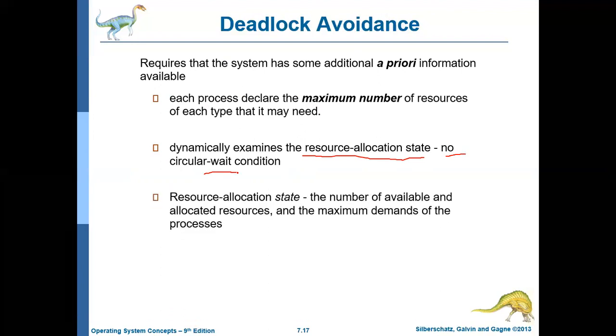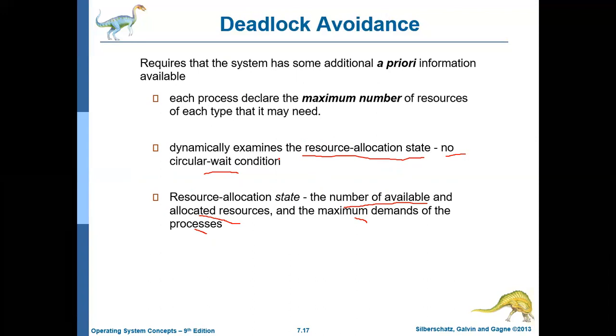The resource allocation state depends on the number of available resources, meaning the resources currently available with the operating system which are not allocated to anybody else, the number of allocated resources, and the maximum demands of each process. Based on that, the resource allocation state will be decided.